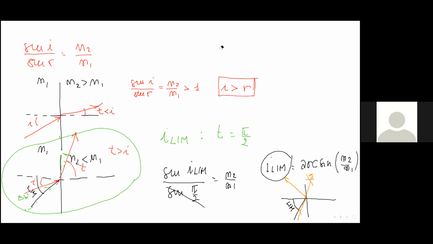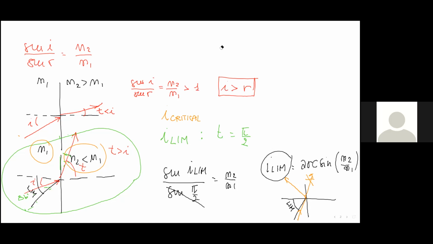So when you have a situation like this, n1 and n2 less than n1, if the angle is smaller than this limit angle, and this limit angle is also called the critical angle, you will have a transmission and reflection. I didn't draw the reflection here, but it is always there. When the angle gets larger than the critical angle, you just have reflection and no transmission in the second medium.